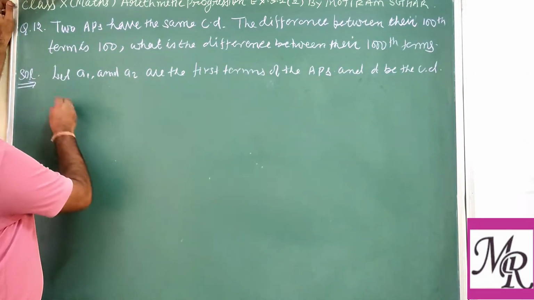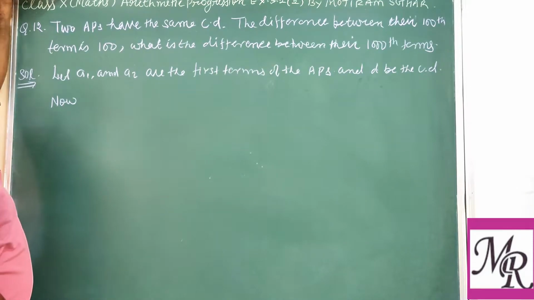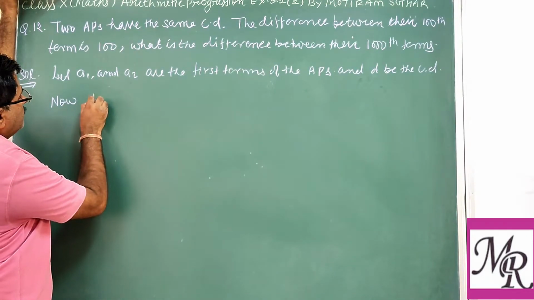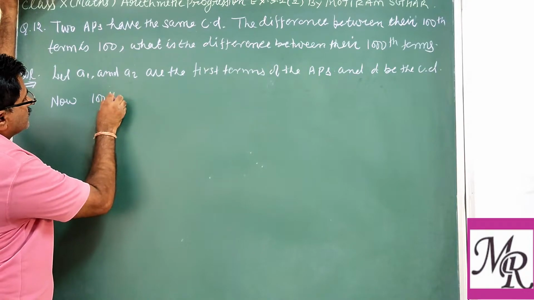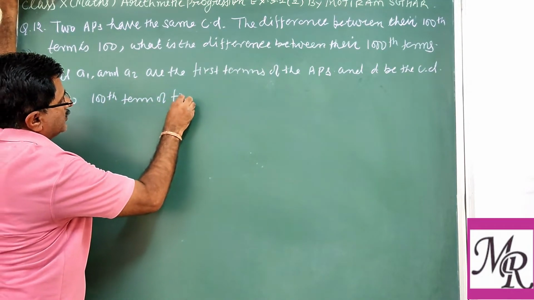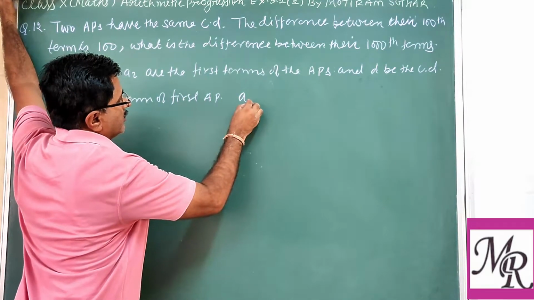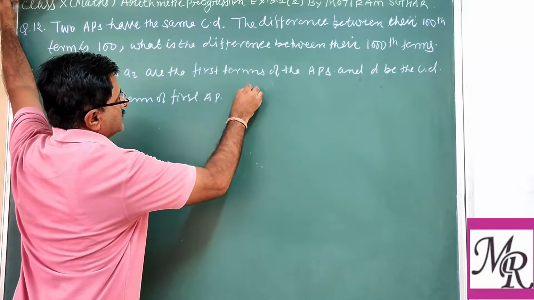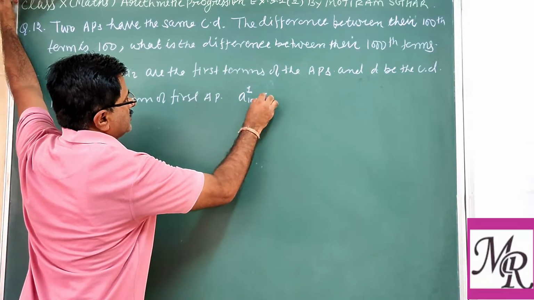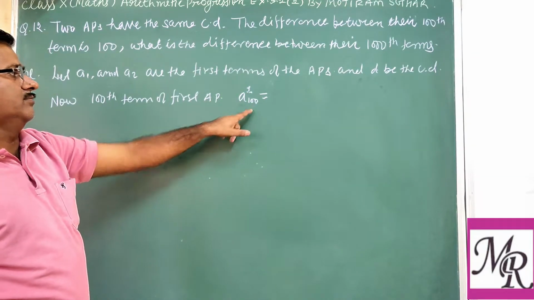So now the 100th term of the first AP, that is a100. So this a with subscript 1 indicates the first AP's 100th term.